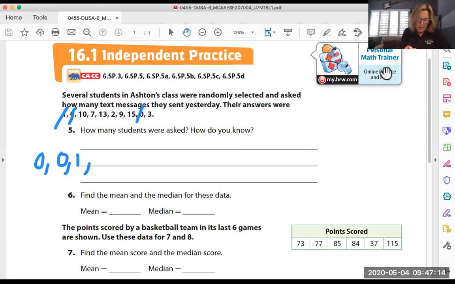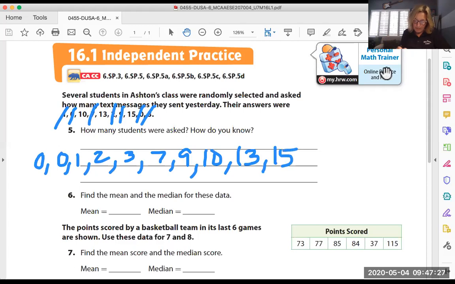There's a 2, 3, 7, 9, 10, 13, and 15. I believe that will get all of them. We can just double check. I should have 10, and that's what I would do, is count them to make sure I got them all. 10. Okay, so they are listed in order from least to greatest.